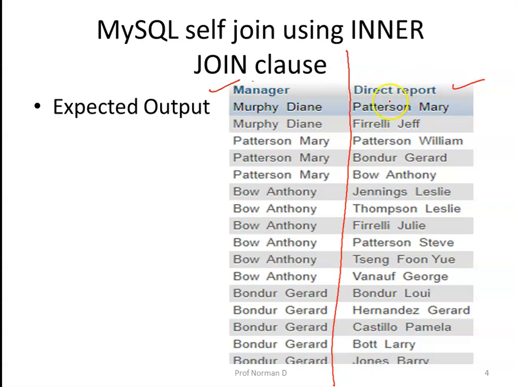One more thing you need to observe is the names that appear under the column manager and the names that appear under direct reports to. They appear as one full name, Murphy Diane. We do not have any attribute in the employees relation which shows the full name. It either shows the first name and the last name.